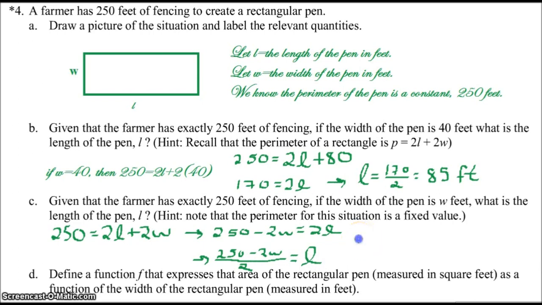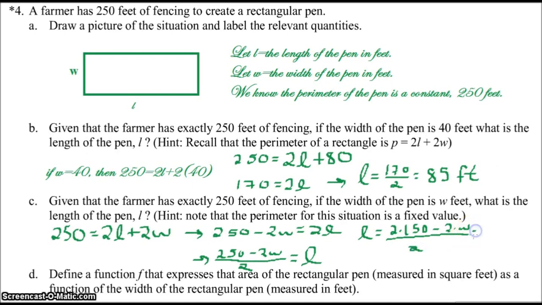And let's take a second to practice simplifying. Notice that each of these numbers is divisible by 2. 250 is 2 times 125. Then we have our 2 times W, and we're dividing by 2.